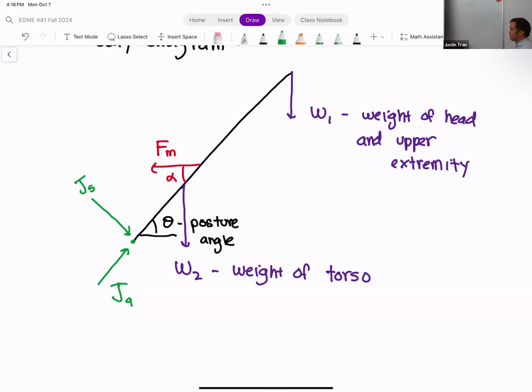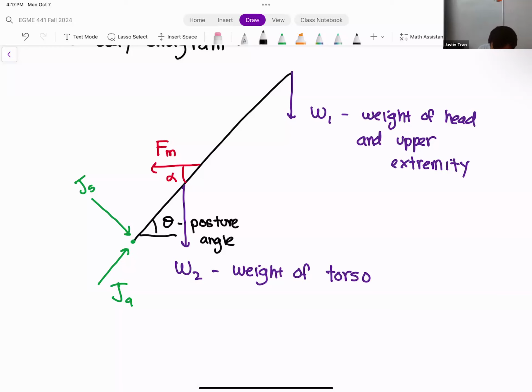We'll call that JS. The A in JA stands for axial. If you imagine your spine and your torso as a cylinder, the axial direction is the one that's right down the barrel of the cylinder, right? And then S stands for shearing, so any shearing force that appears.